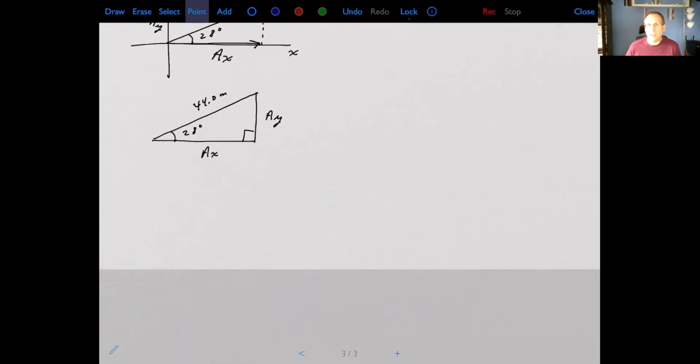SOHCAHTOA: sine is opposite over hypotenuse, cosine is adjacent over hypotenuse. So cosine of 28 degrees must be the length of the adjacent side, which is Ax, divided by the hypotenuse, which is 44.0. And then I can solve this for Ax by multiplying both sides by 44.